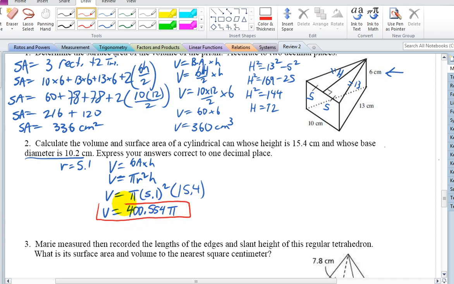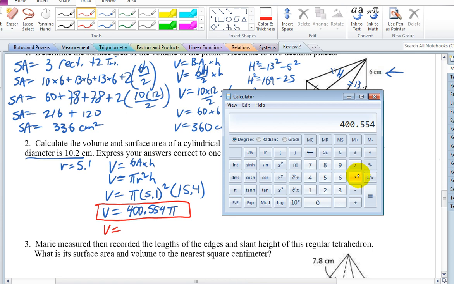Most likely that will be your answer. But sometimes they'll want you to go to the decimal. Then you do. Often they won't. Right? Most likely they won't. And then once or twice they will. So you have to be able to do both. So then you take your number, you multiply by pi, 1258.37.